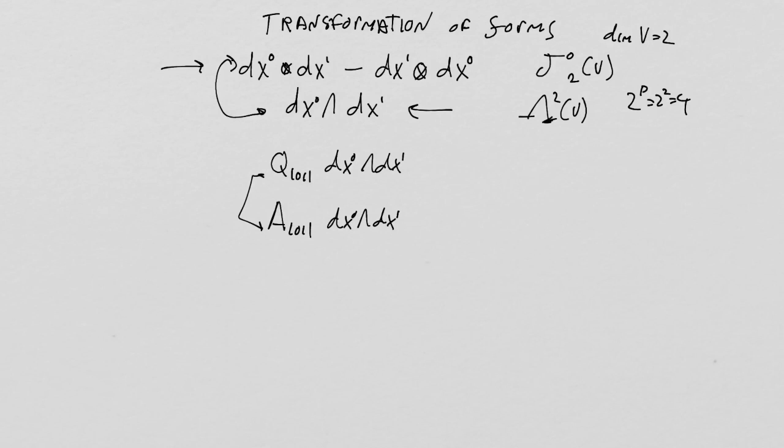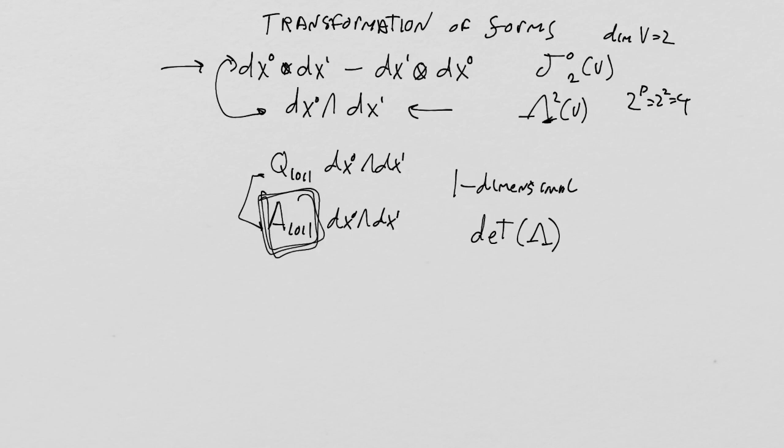So it's one-dimensional. And we now know that this coefficient in this one-dimensional space transforms with the determinant of the covariant transformation matrix. And ultimately, we call that a density.